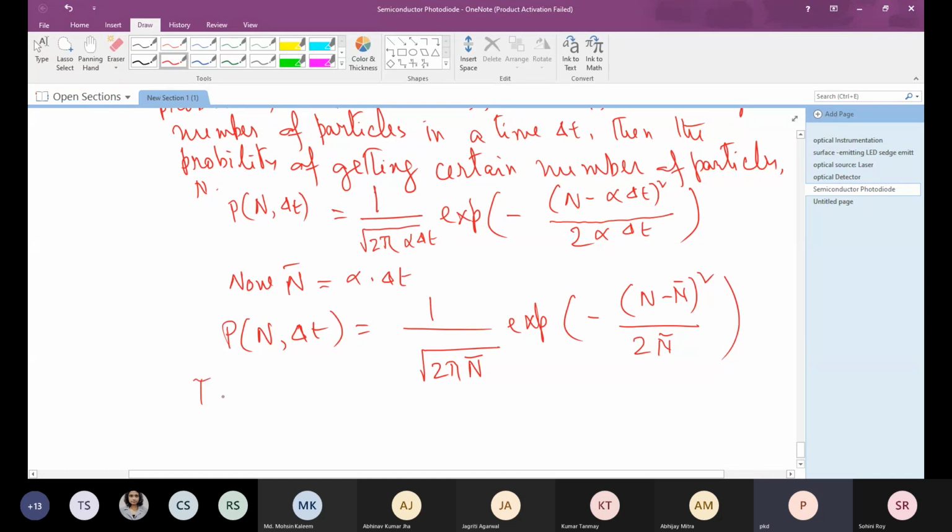So this is maximum, of course, because of the minus, when this is 0, then it will be maximum.